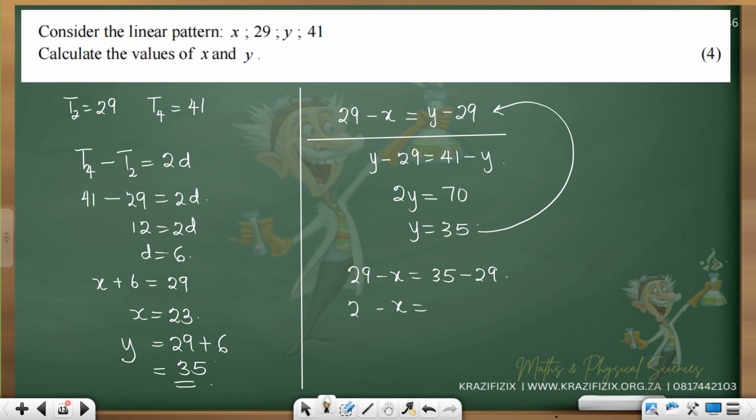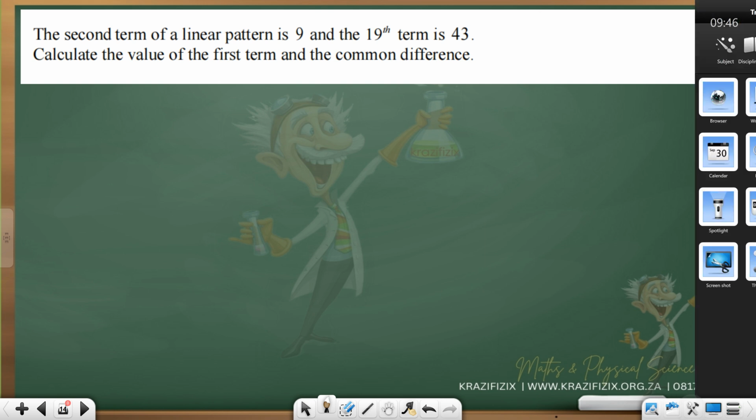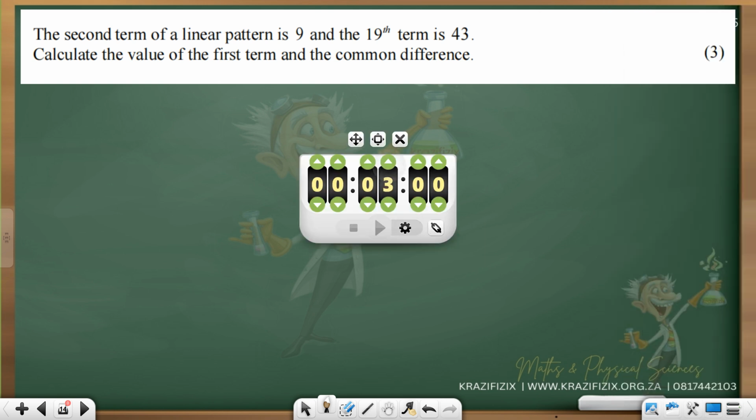And what is 35 minus 29? That is 6, right? Okay, so I keep showing you what I taught you about multiple difference. It just works. Okay. This one is similar, so I'll give you 2 minutes to do this one. Let's make it 3.